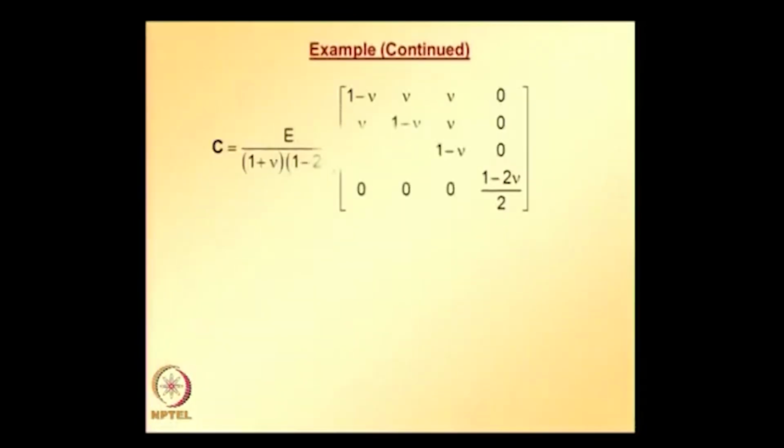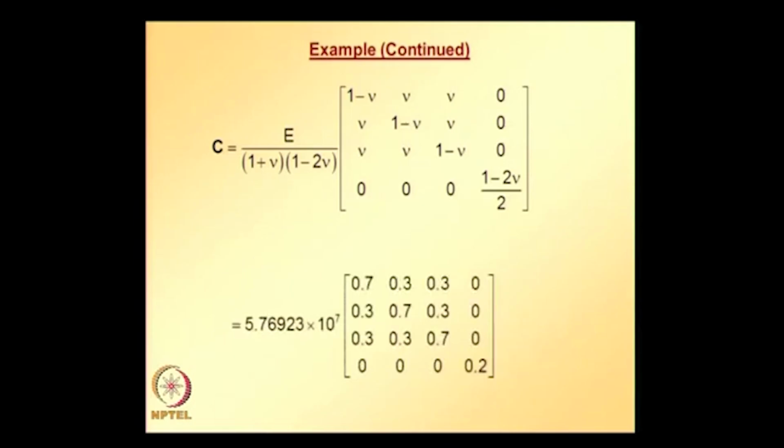Accordingly we need to note the radial coordinates and also the axial coordinates of all the 4 nodes. Before that, the constitutive matrix required for solving this problem is given by this. Young's modulus and Poisson's ratio values are given in the problem statement. Using those values we can simplify and we get this constitutive matrix.